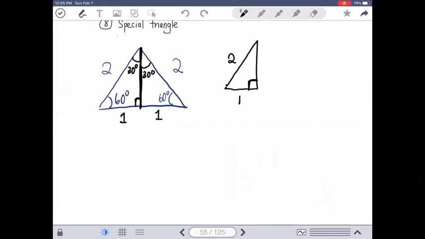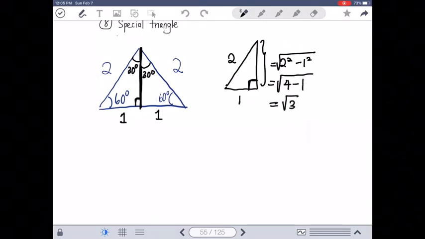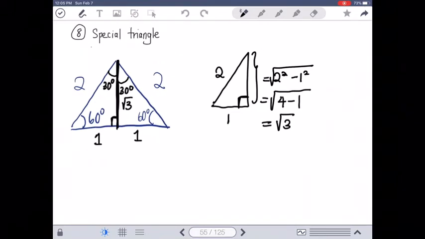If this is 2 and this is 1, the height is just equal to the square root of 2 squared minus 1 squared, which is the square root of 4 minus 1, which is just equal to the square root of 3. So the height of this triangle is just equal to the square root of 3.